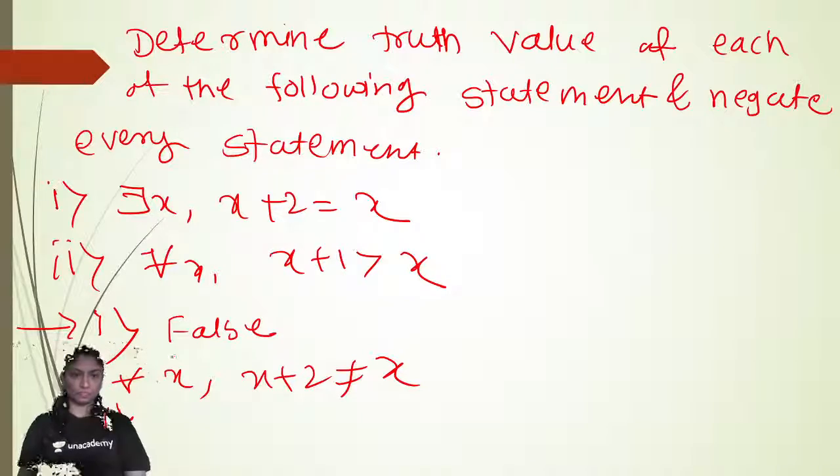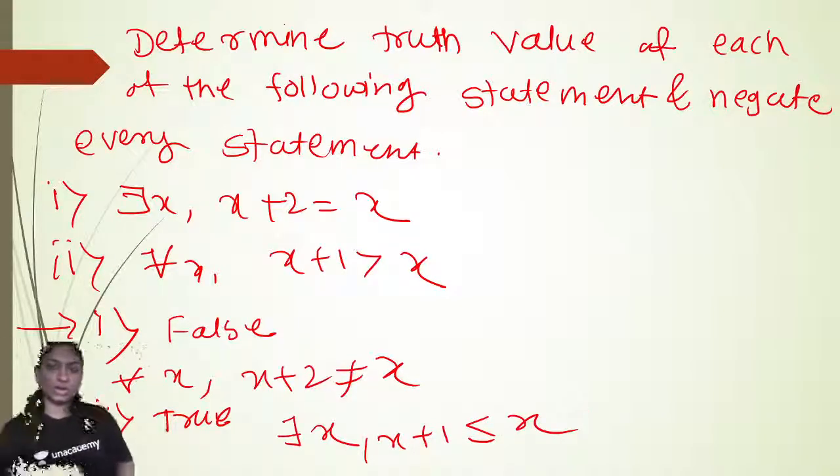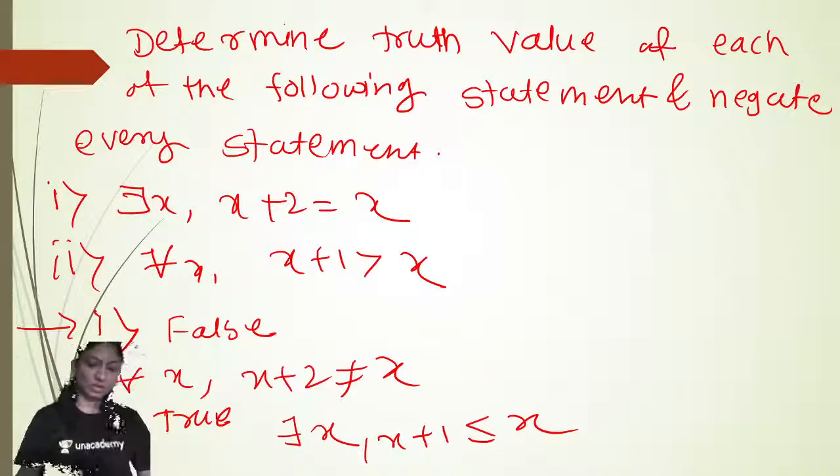This is a true statement. So the negation of this is, there exists x such that x plus 1 is less than or equal to x. Okay, I hope you are getting clear how to write the truth value and negation of the given statements.